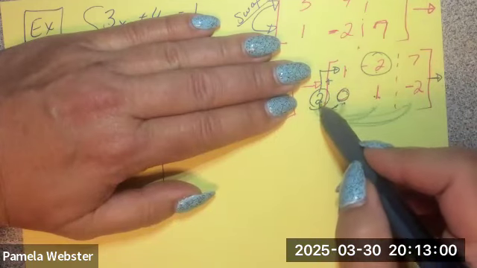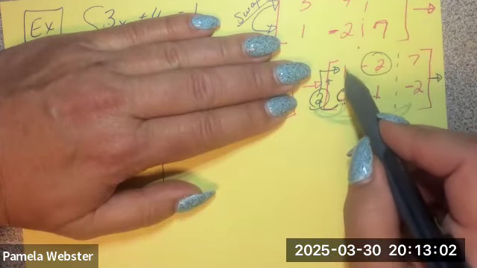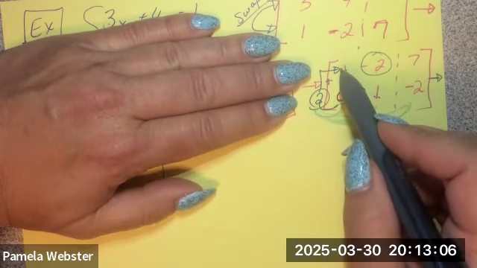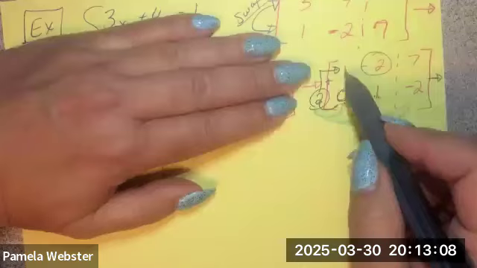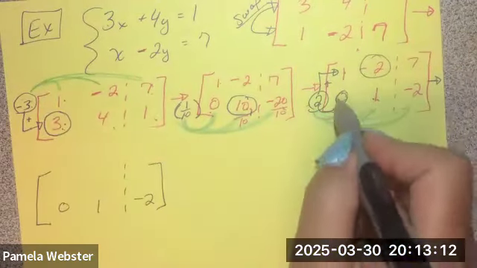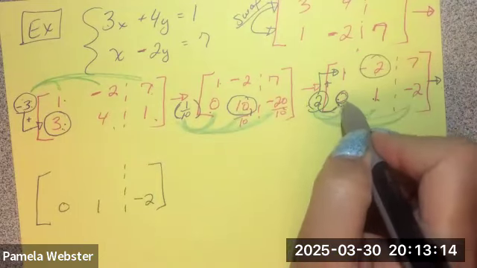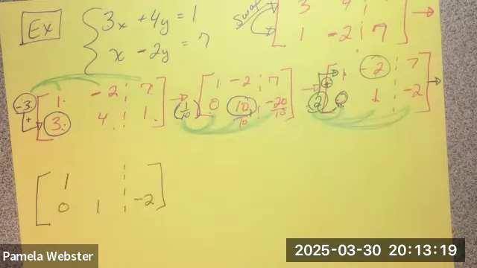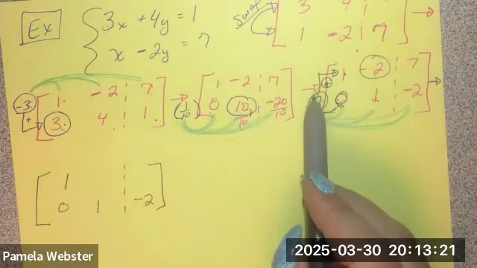So whenever I do 0 plus 1, it doesn't change this 1. If you do this in different orders, you're going to mess up your 1. So by doing it in this order, 2 times 0 is 0. 0 plus the 1 is a 1. It keeps it there.